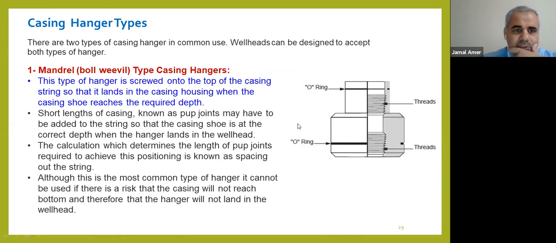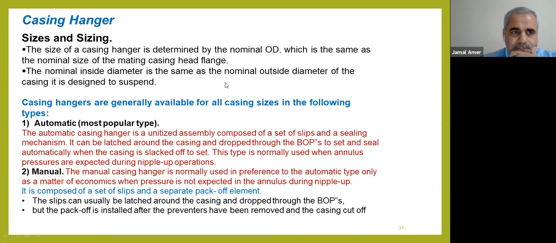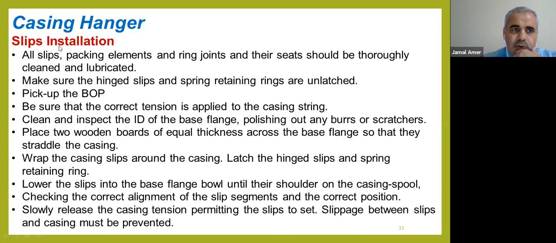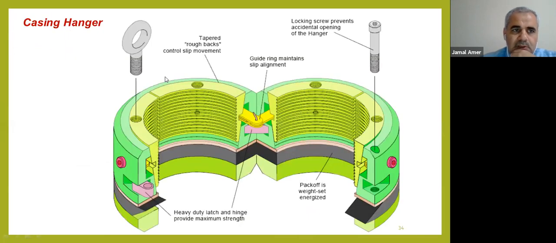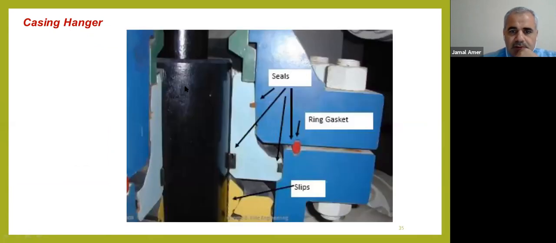This is a mandrel. As we said, we have two types of casing hanger. We have this mandrel type, and we have the slip type. Also, we'll talk about how to install each of them in our course.